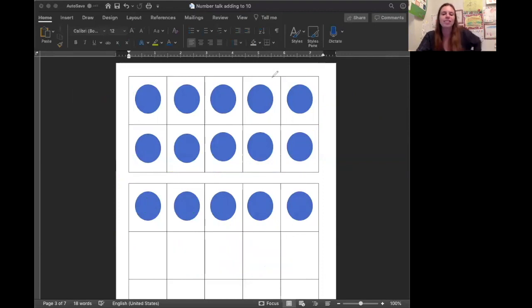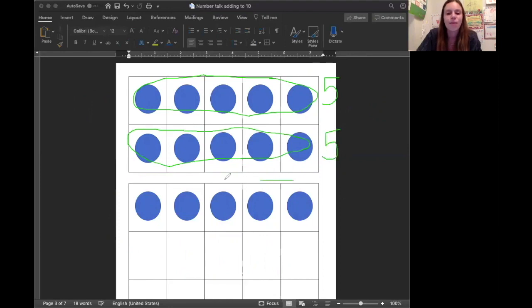You also might see this as 5's frames. Maybe you said, we have one row with 5, one full 5's frame. We have another row of 5, another group of 5. And then we have another group of 5, 3 groups of 5. 5 plus 5 plus 5 equals what?